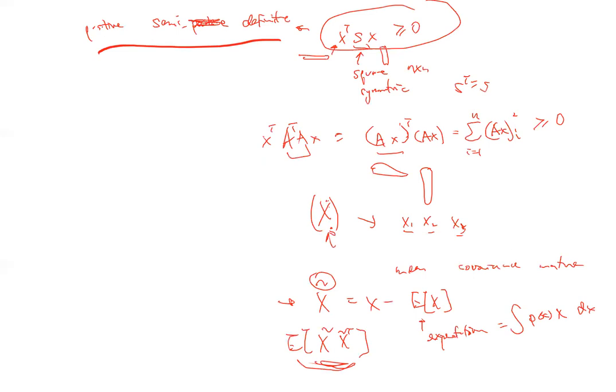x1, x2, x3. Oh yeah, sorry, I'm writing it too quickly. Here, x is a random vector.